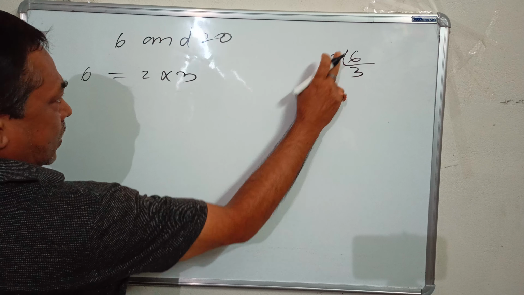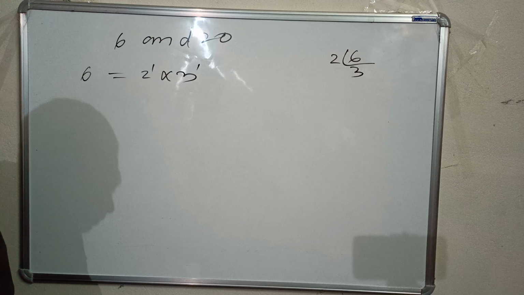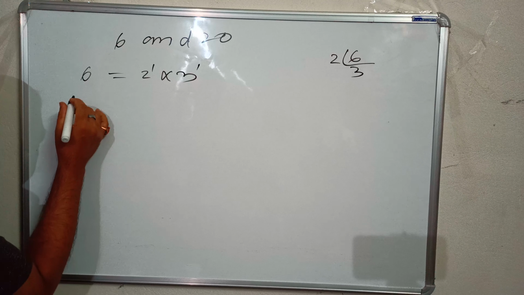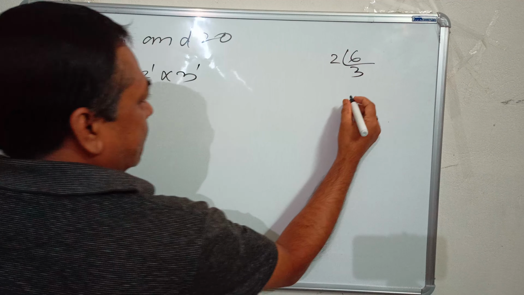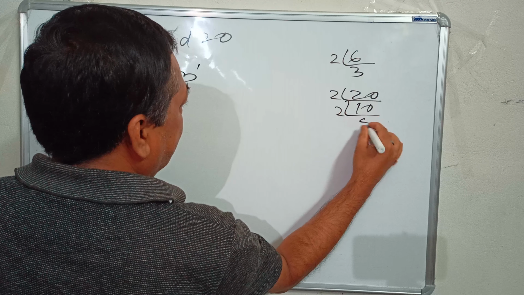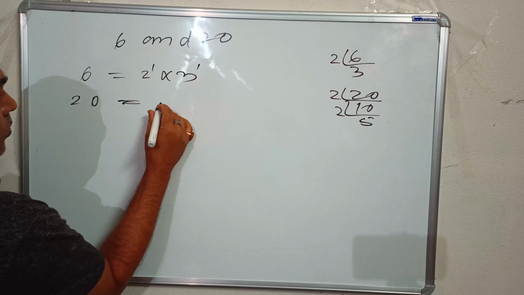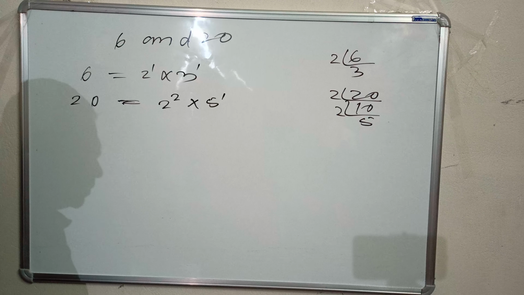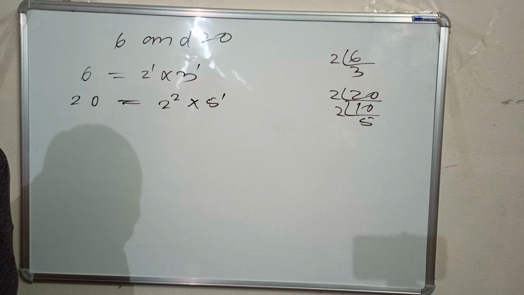Now 2 is coming once, so the power is 1, and 3 also has power 1. And 20 I also express as a power of primes. 2 and 3 are primes. 20 is 2 times 10, and 10 is 2 times 5. So 20 is 2 to the power 2 into 5 to the power 1.